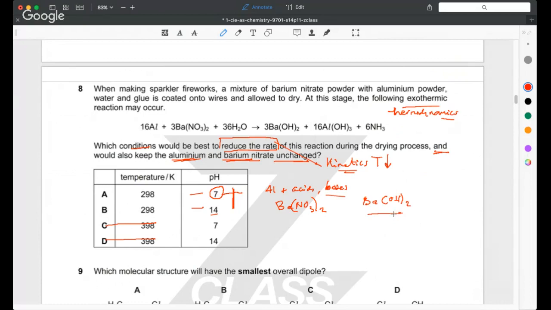The water's drying in this drying process anyway. So again, if we go to pH 14, some of the barium nitrate is going to become barium hydroxide, and we don't want that to happen because we're trying to keep barium nitrate unchanged. And so for both those reasons, keeping the aluminium unchanged and keeping the barium nitrate unchanged, we're choosing a neutral pH rather than a basic, alkaline pH. So that means that one's out, and we're positively selecting A as our answer there.